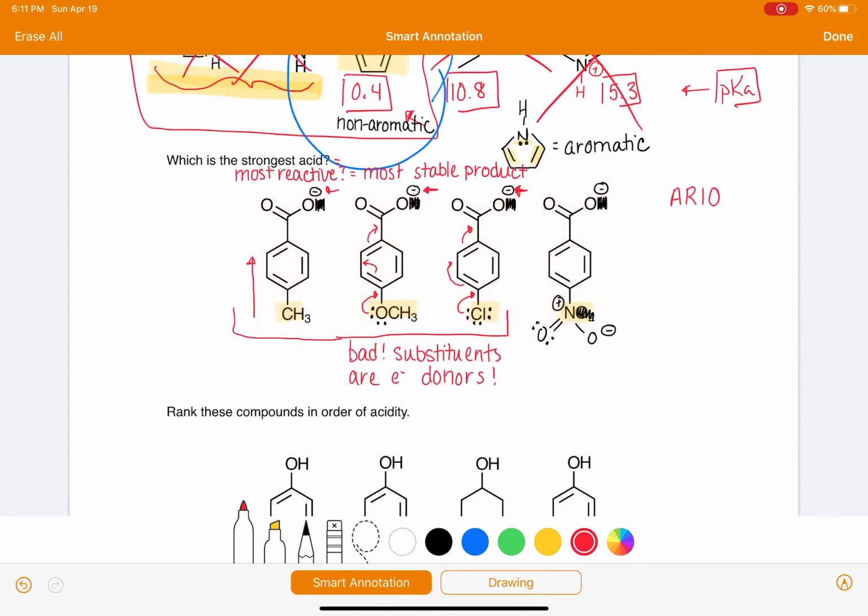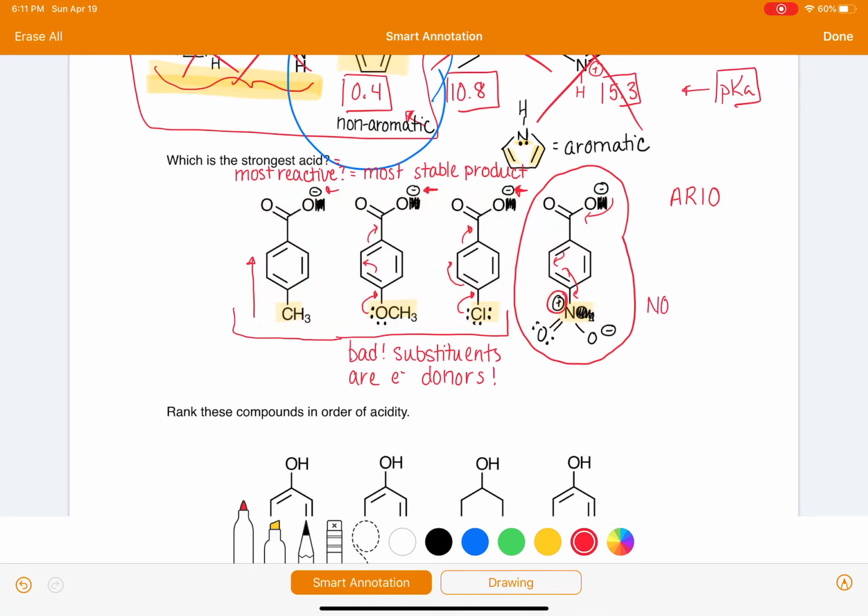So just by default, that means that this is the best, the strongest acid, the most stable acid, and we can also understand why. Because we have this negative formal charge or positive formal charge down here, we can actually move electron density down through this ring, and that positive charge is going to help stabilize it.